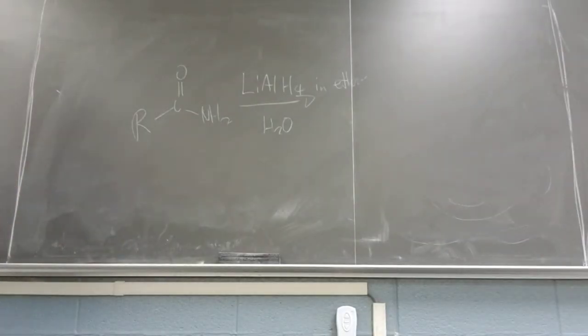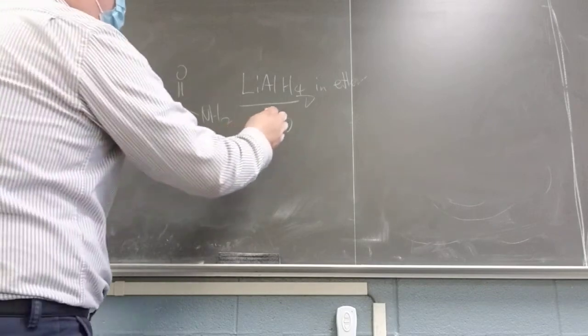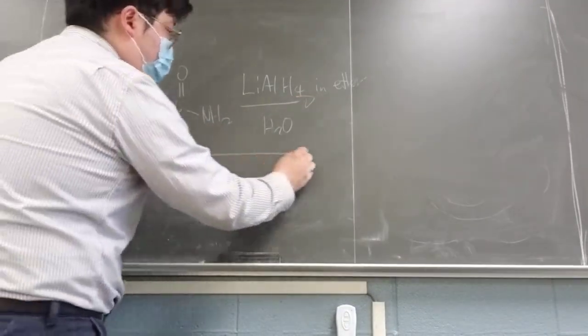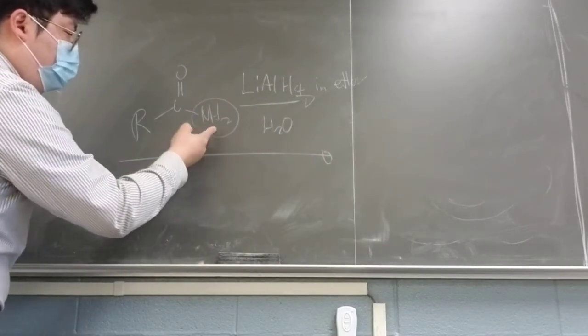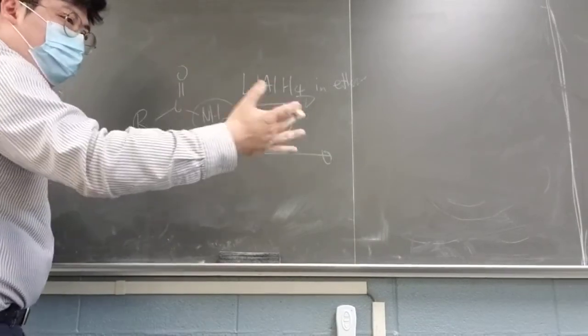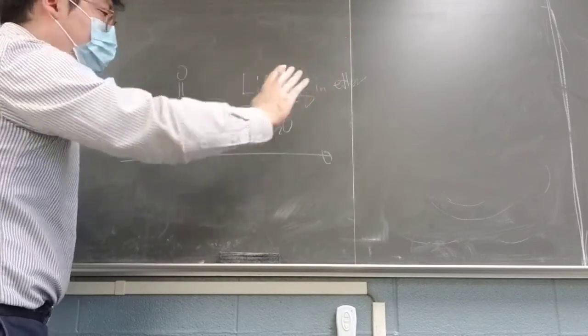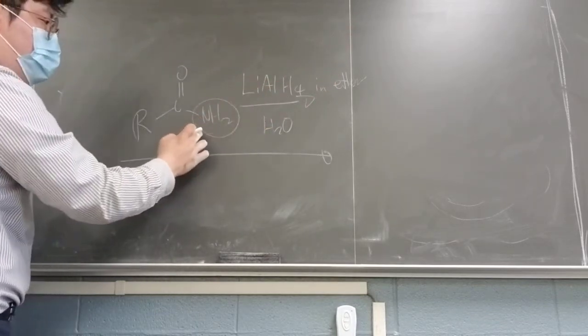So basically, you had this one here, right? You had this one over here. If it was an acid halide or acid anhydride, we had this group leave, and then it was replaced by two hydrogen whenever you do this, okay? But this is kind of exceptional.